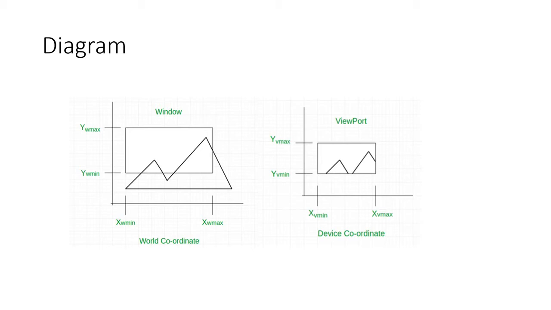So the total world coordinate has the total scene, this total scene of two hills, and whenever it is transformed into the device or captured into the device, this part is clipped automatically. This part is clipped. So that means clipping will come into play whenever we are talking about window to viewport transformation.